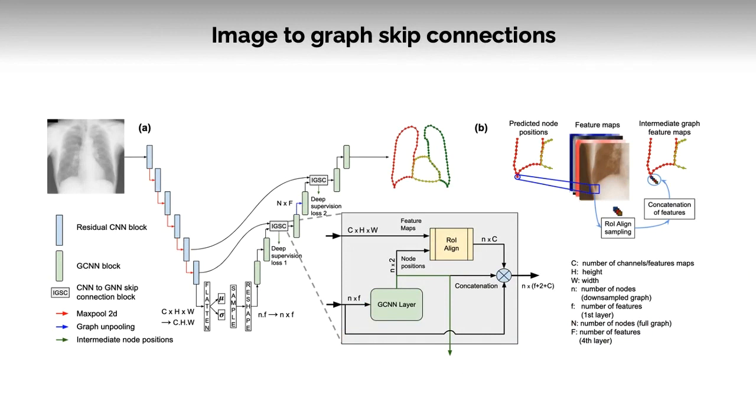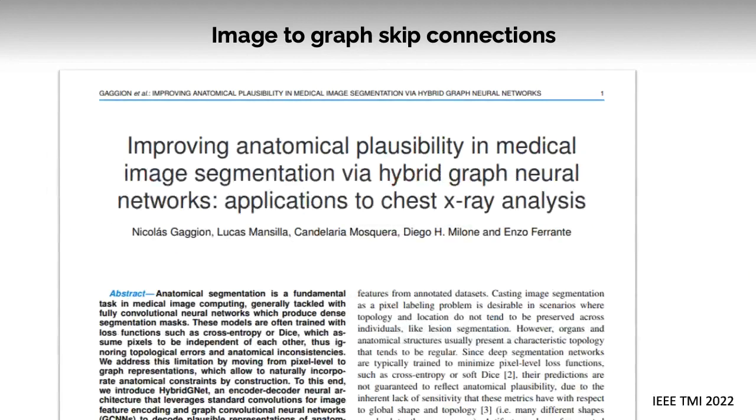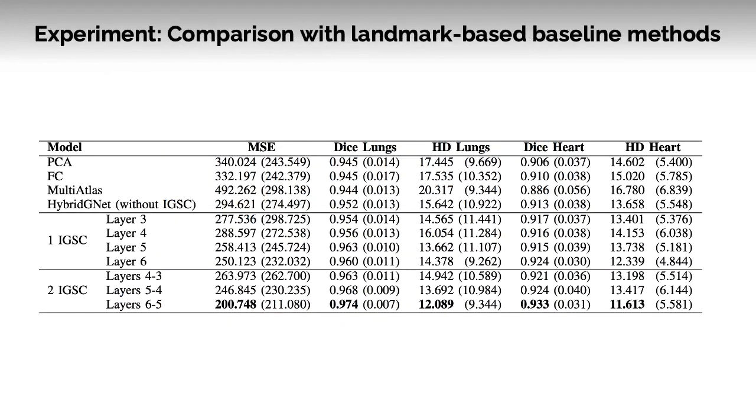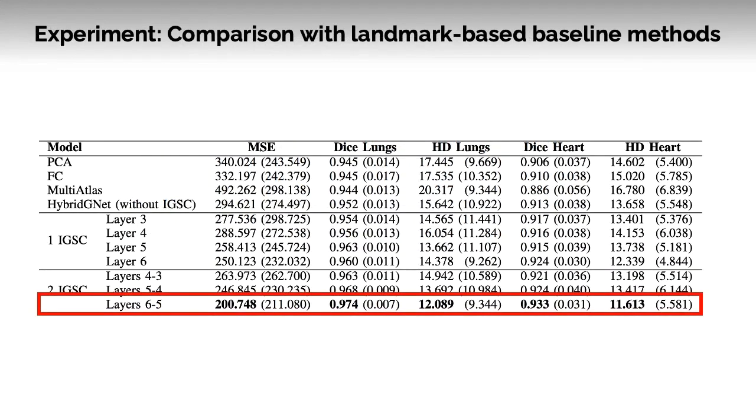I'm not going to get into the details, but we defined intermediate predictions for the node positions, and we used these node positions to sample the feature maps in the corresponding space. Again, all the details are in the paper. This is the journal version of that. And again, it improves a lot in terms of Dice, Hausdorff, all the standard metrics we use.